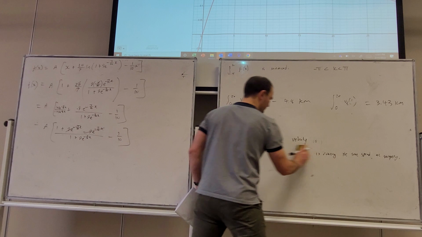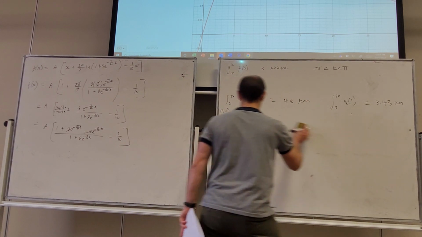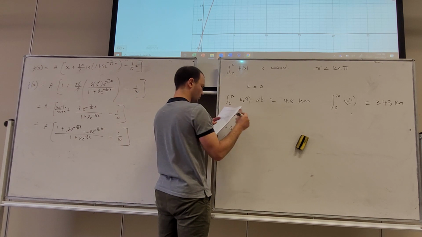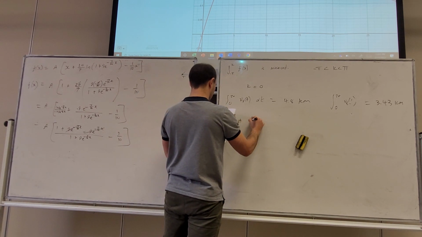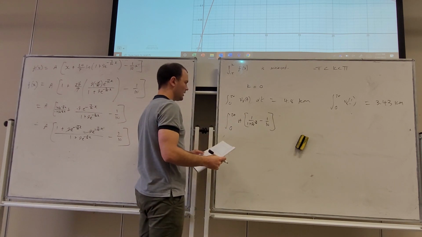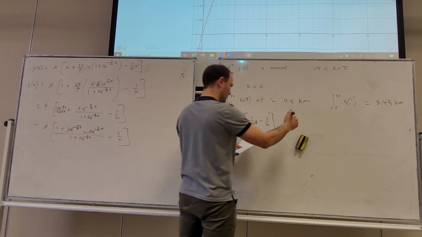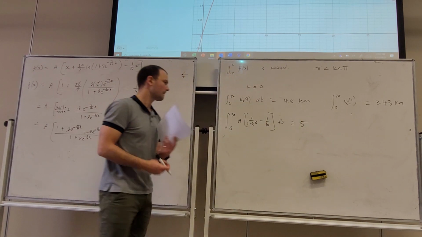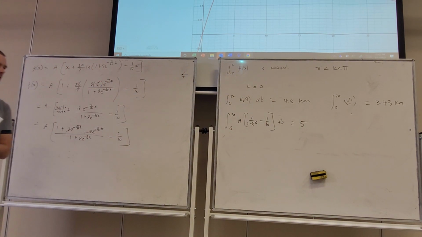So for Thomas to run 5 kilometres in 20 minutes, the area under his velocity function, this one, the integral of his velocity function with regards to t, equals 5. For him to run 5 kilometres, the area under his velocity function has to be 5.